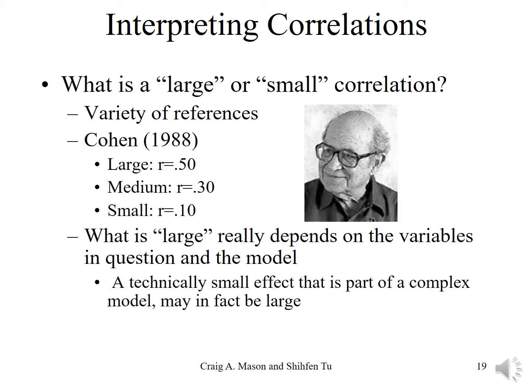Cohen suggested that a correlation of 0.5 reflected a large effect, while a correlation of 0.3 a medium-sized effect, and a correlation of 0.1 is only a small effect. Of course, this applies to both positive or negative correlations. A correlation of negative 0.5 is just as large as a correlation of positive 0.5.